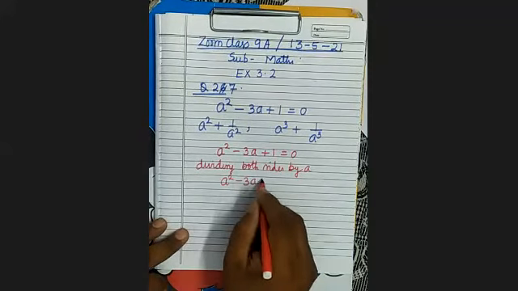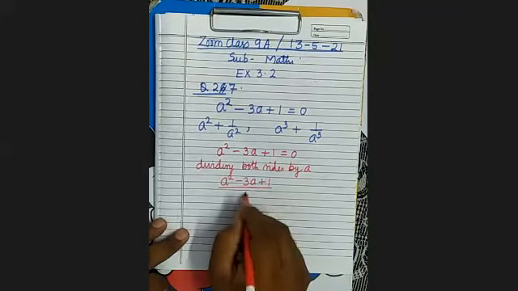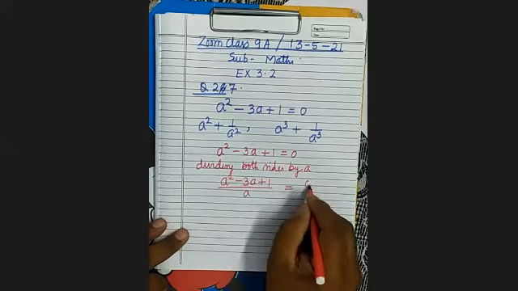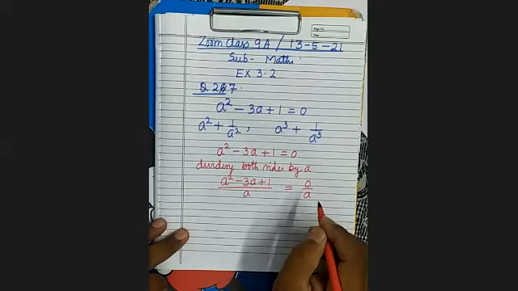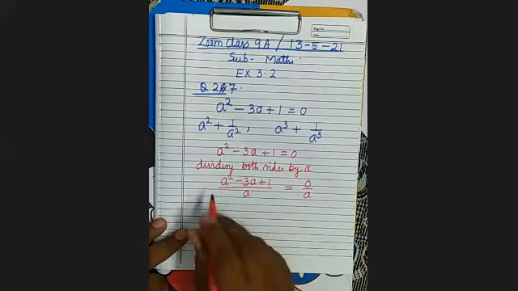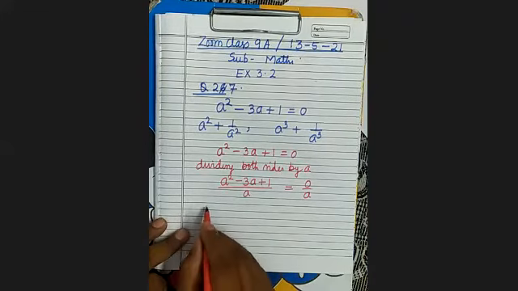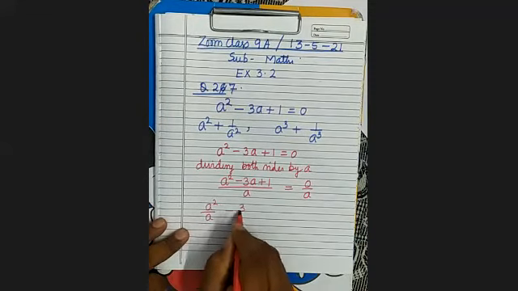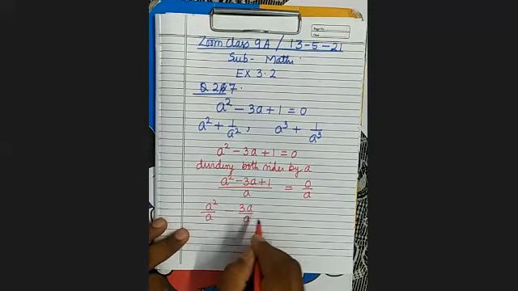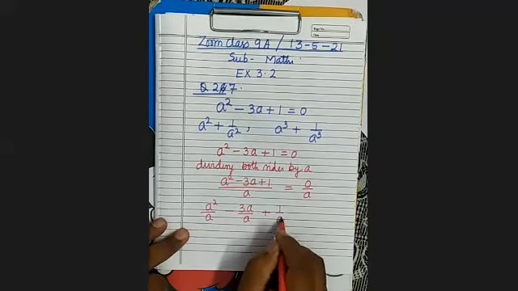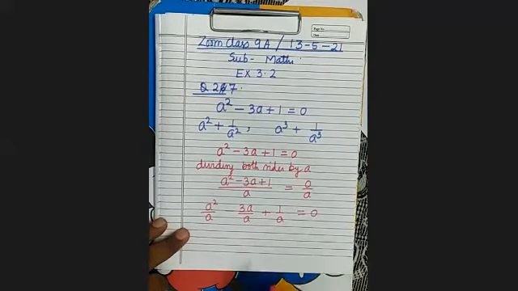A square minus 3a plus 1 divided by a equals to 0 upon a. Now you separate the terms. So a square upon a minus 3a upon a plus 1 upon a equals to 0.